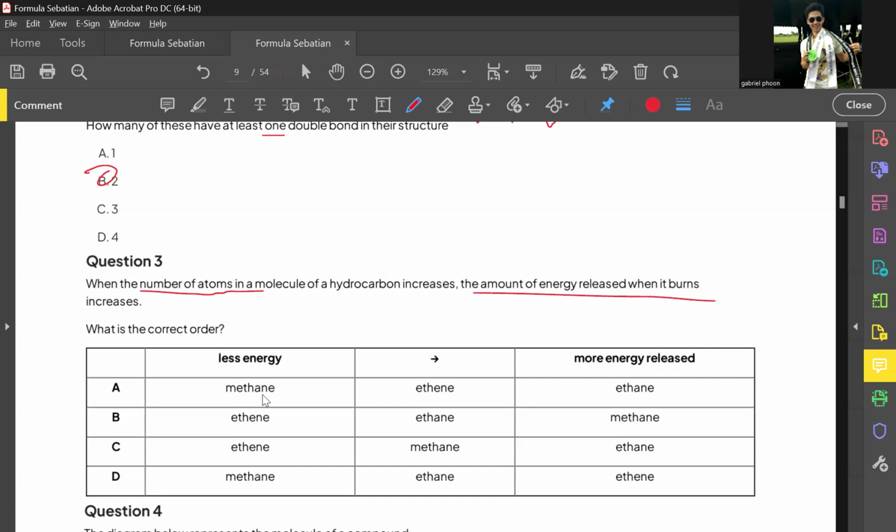For example, we have methane here, right? Methane is basically CH4. Ethene is basically C double bond, HHHH. And ethane is basically C single bond, HHHHHH. Right? So which one has the most? I think it's this one already, right? A is the answer, right? Yeah, A is the answer already.